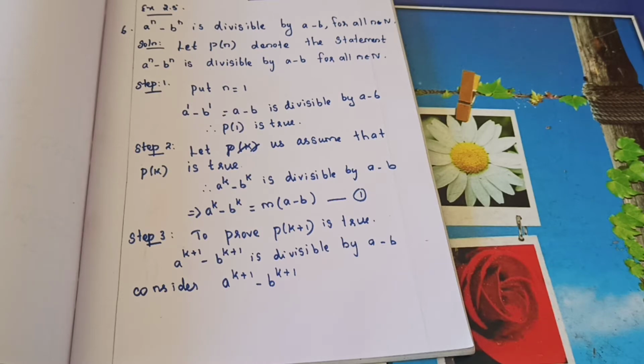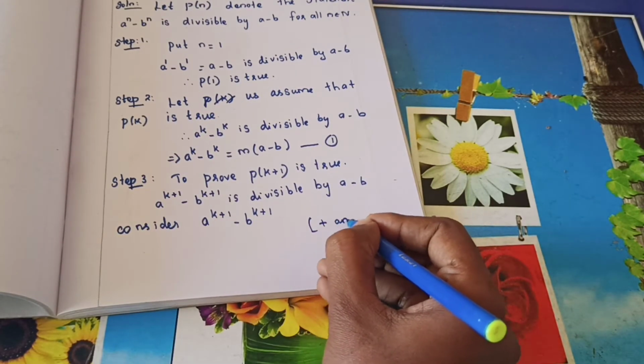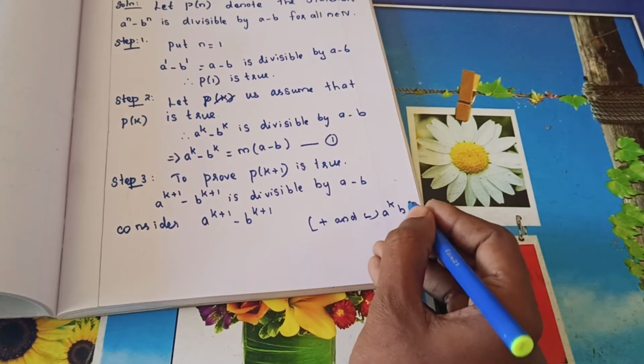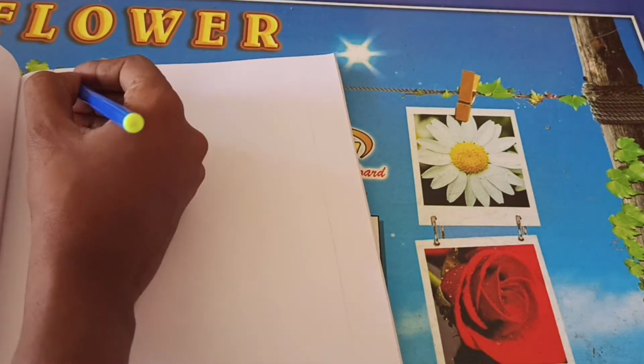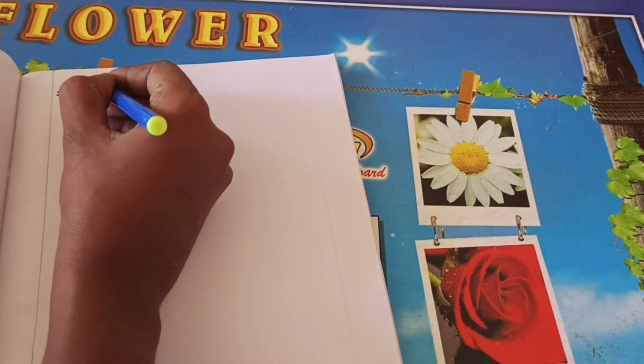So here we add and subtract a power k into b. Now do this: a power k into b we add and subtract. Which implies a power k plus 1 is there.